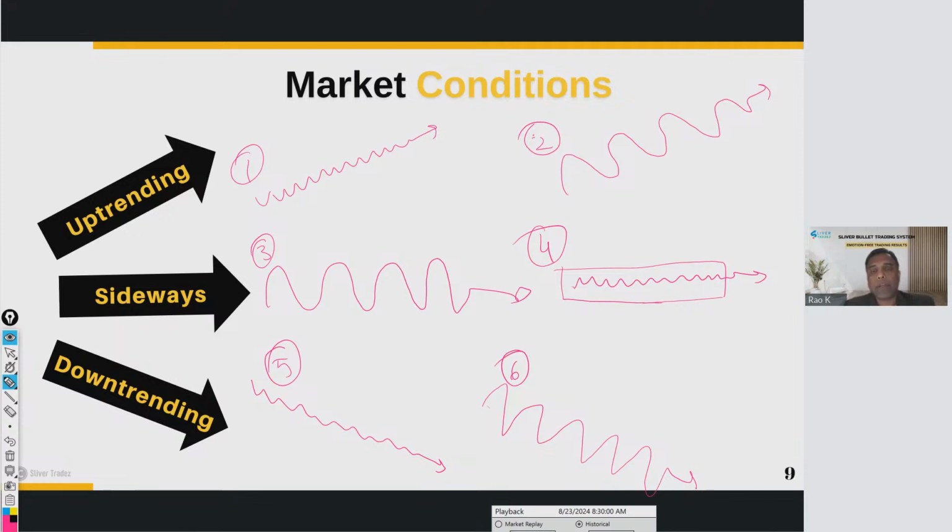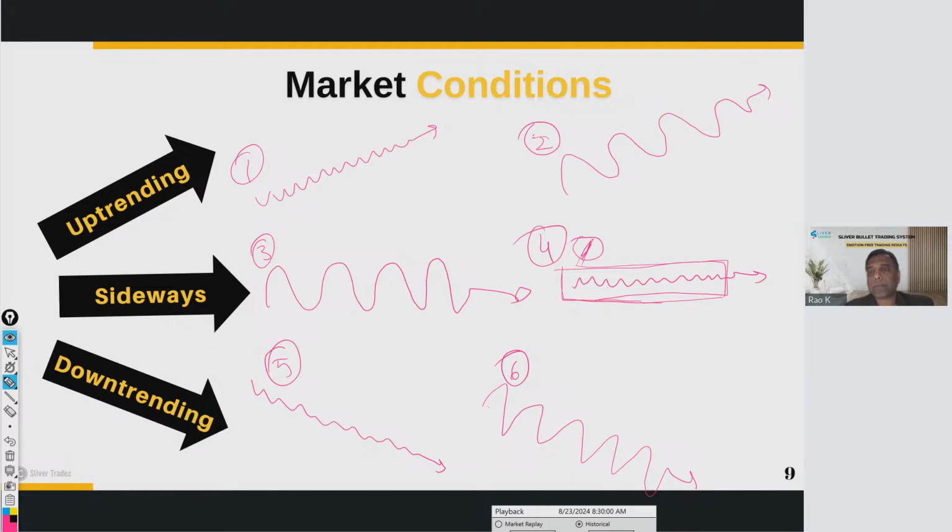Our software, Sliver Bullet Pro, can take trades in all market conditions, but we advise our traders to avoid market condition number 4. When they see that price is not moving anywhere, it's flat, just in a very narrow range, then we say you should avoid trading in this kind of market.